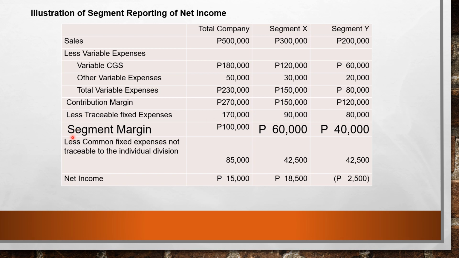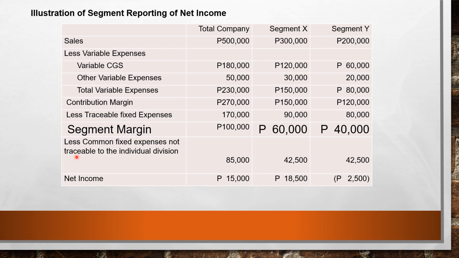So we derive the segment margin. Segment margin is the difference between the contribution margin and the traceable fixed expenses. So we have the segment margin of 60,000 for X and 40,000 for Y.